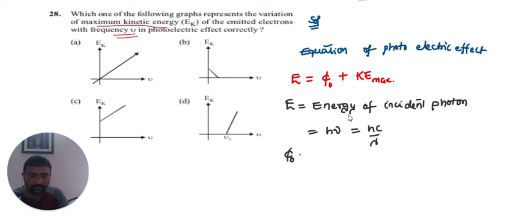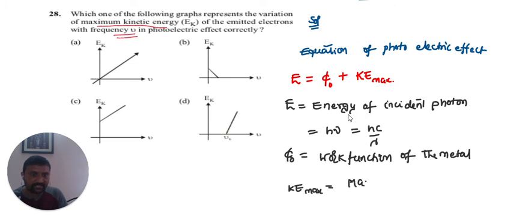Phi naught equals the work function of the metal, and KE max equals the maximum kinetic energy of the emitted electron in the photoelectric effect.